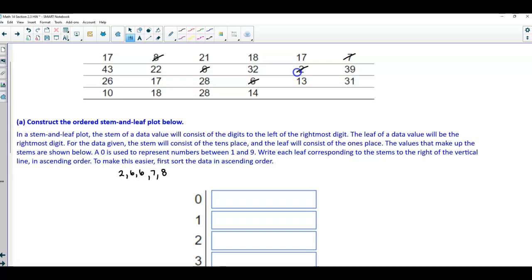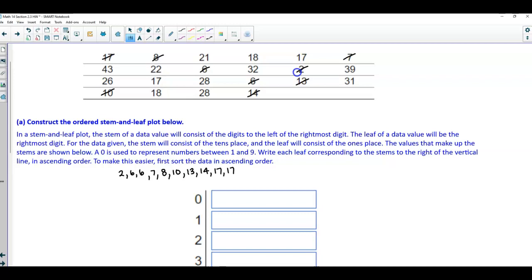The next number is going to be 10. And then the next number that we have is going to be 13. And then the next number is 14. And then the next number that we have is 17.